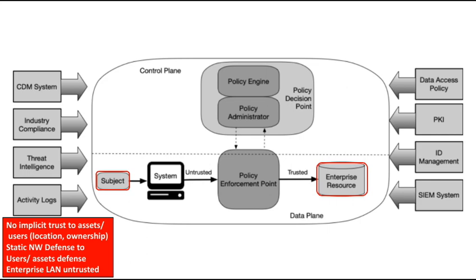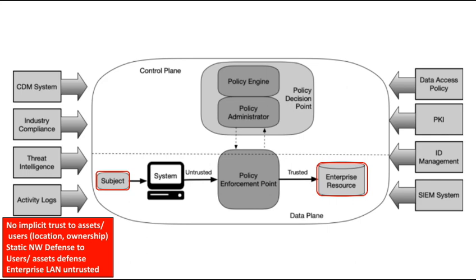So, as per the zero trust architecture, there is no implicit trust to assets or to users based upon their physical or network location and based upon their ownership. Moreover, the old static network defense is no more valid, and the IT security strategies have shifted the defense towards assets and users.